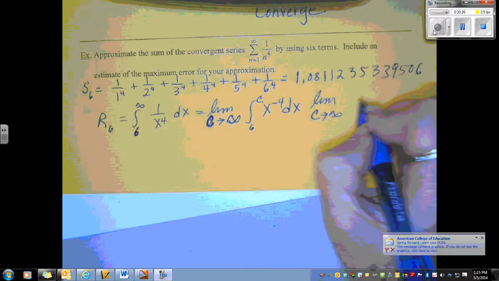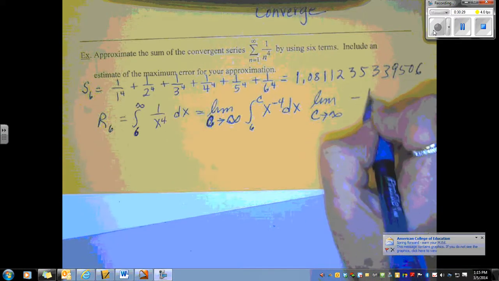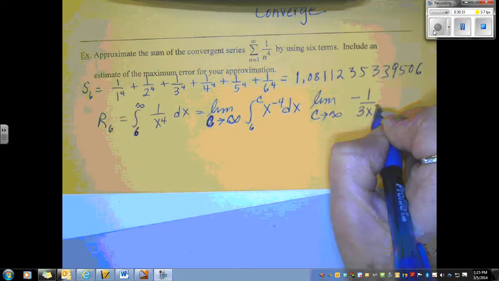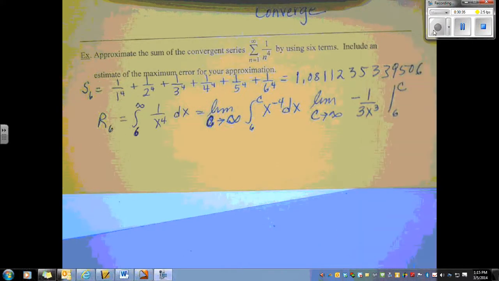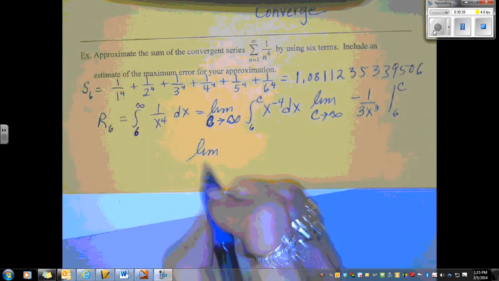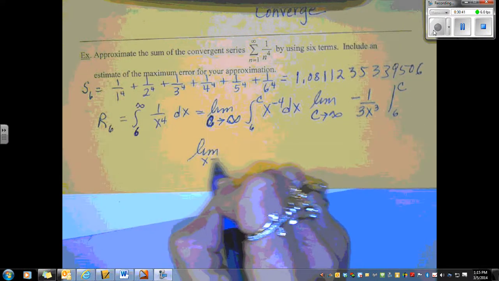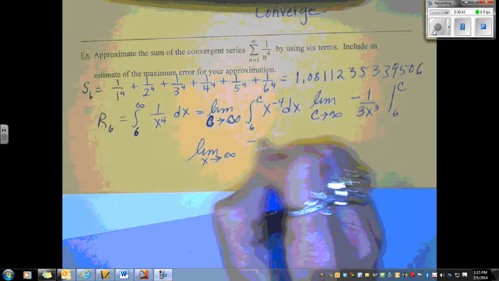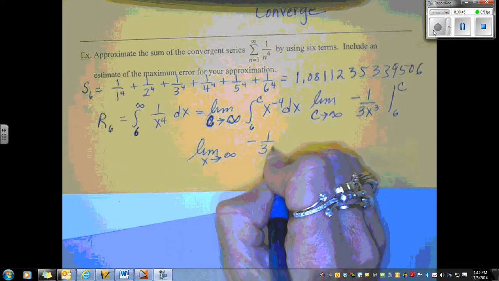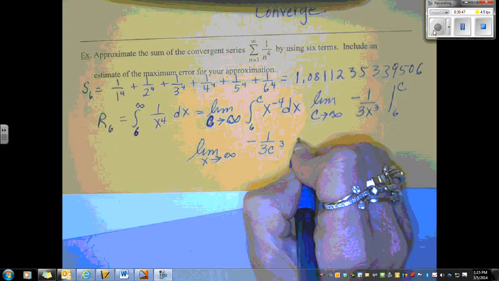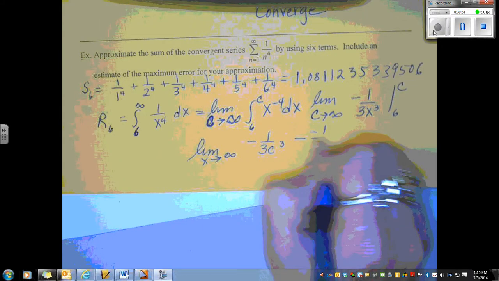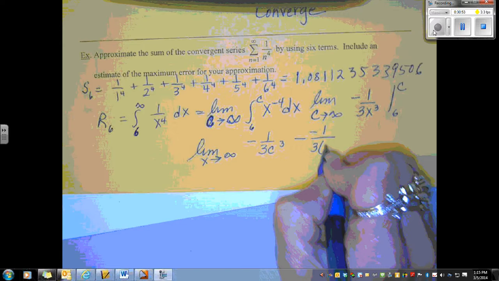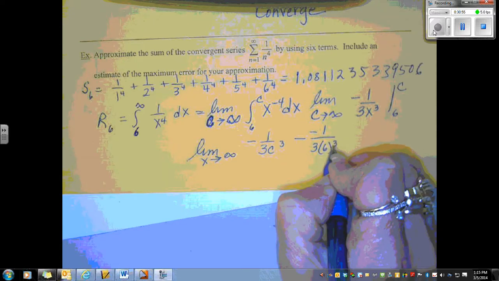This is negative 1 over 3x cubed from 6 to c. So now I have the limit as c goes to infinity of negative 1 over 3c cubed minus negative 1 over 3 times 6 cubed.